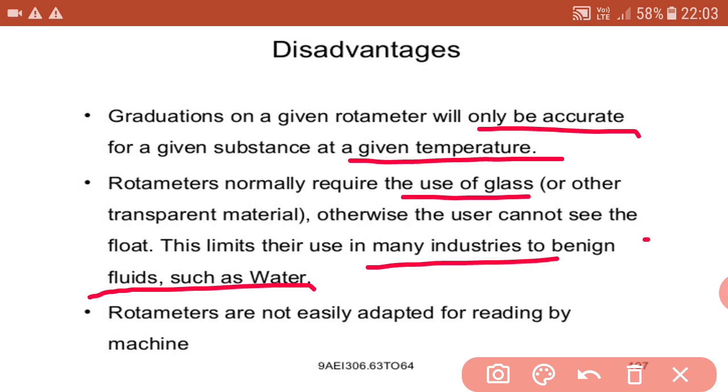So this is the disadvantage: we have to use transparent material, otherwise we cannot see the float. Rotameters are not easily adapted for reading by machine. We can visually measure in a rotameter, but it is not adapted by machine.